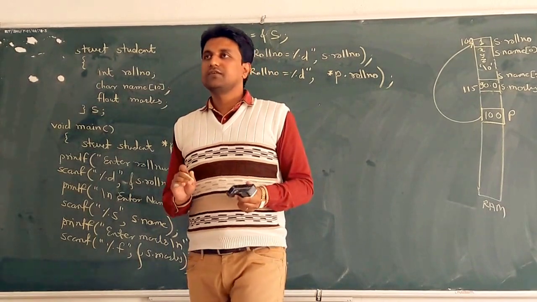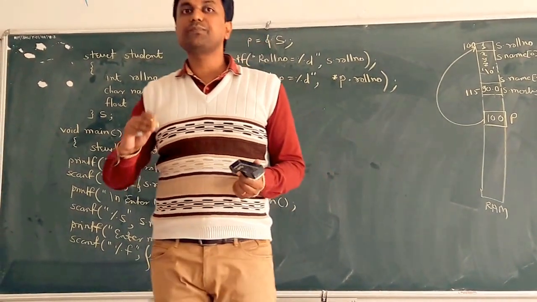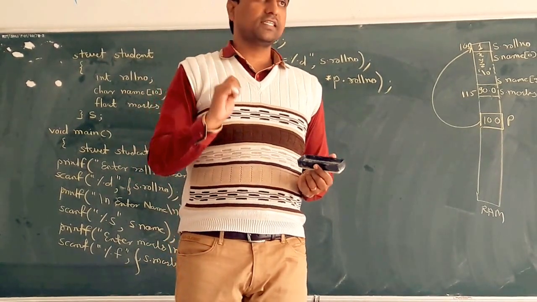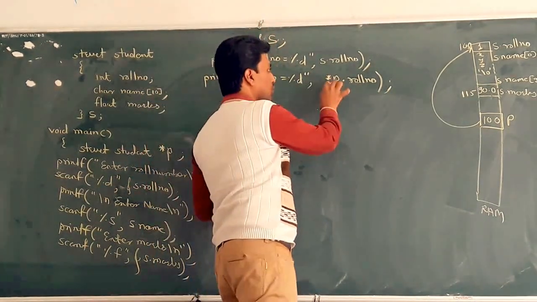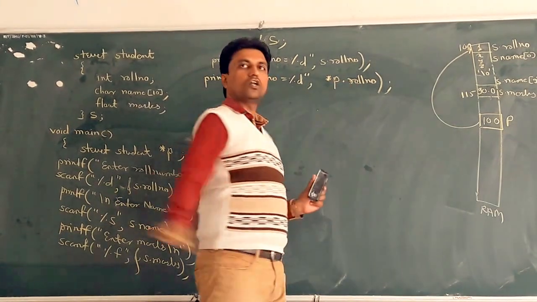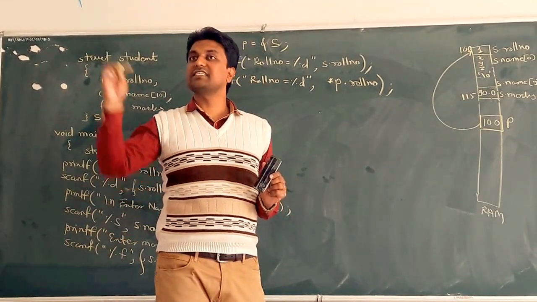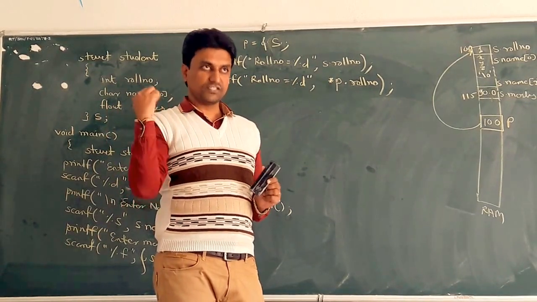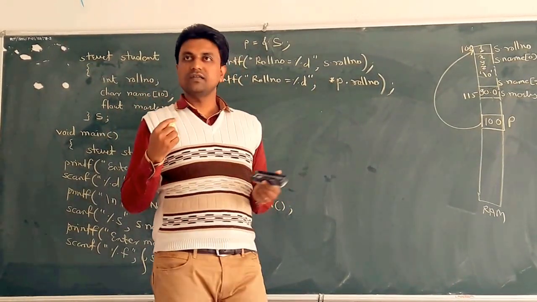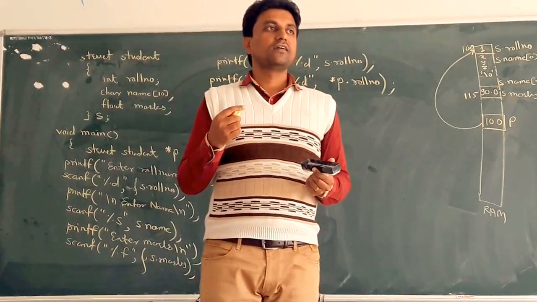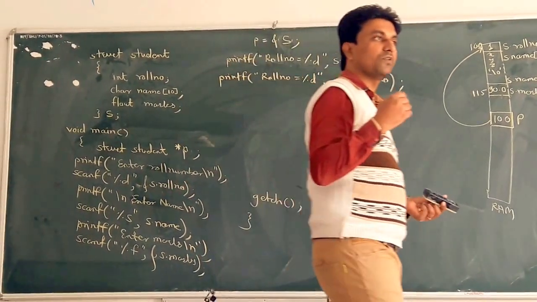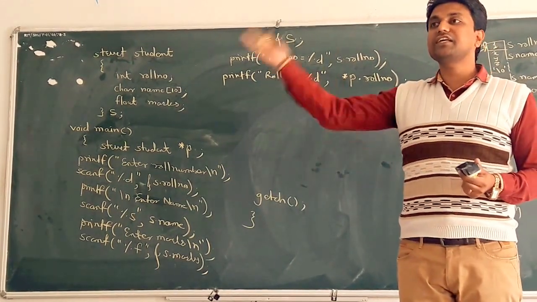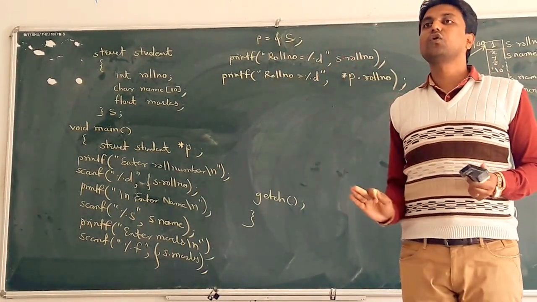What happens here? We know that every operator has some precedence. Here, two operators are there. The dot operator, which is called the member accessing operator in structure, and the star operator, which is called the indirection operator, which indirectly gives the value at that particular location.